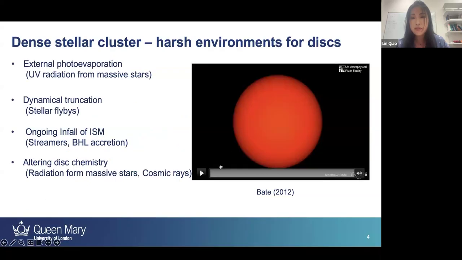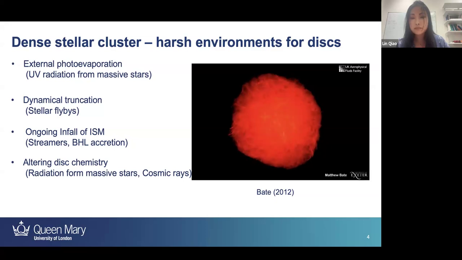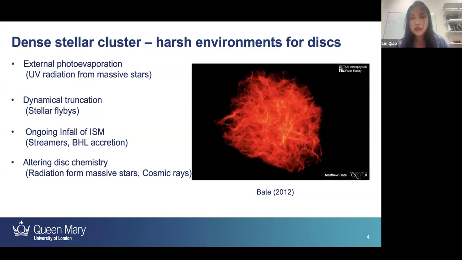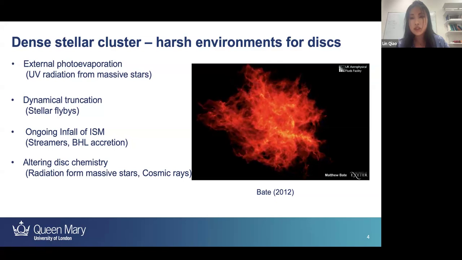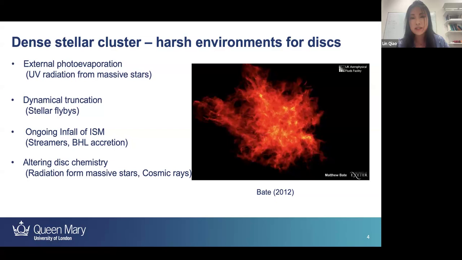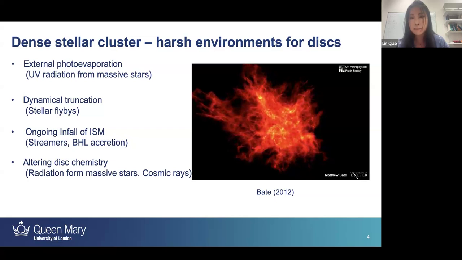So this is a massive stellar cluster formation and feedback simulation from Matthew Bate, simulated from the collapse of a giant molecular cloud. And you can see that stars start to form in these filamentary structures. You'll see it in a bit over time.